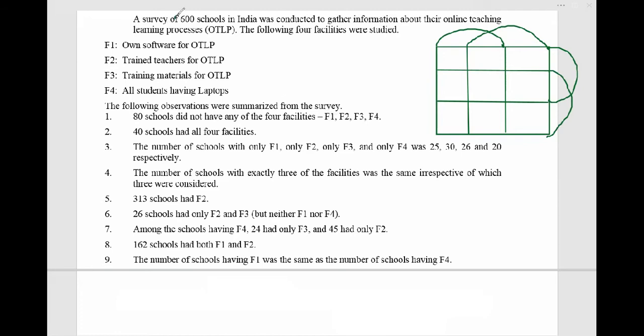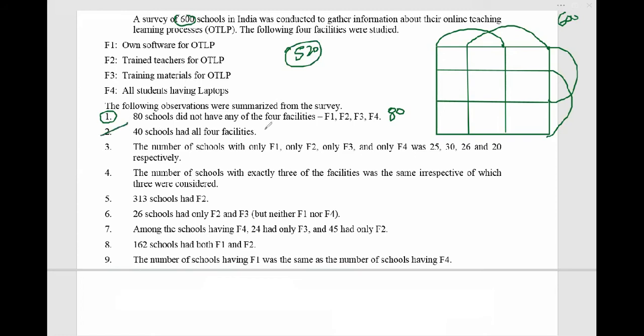First important data is the total 600. A survey was conducted among them. 80 schools did not have any of the 4 facilities. So 80 is outside the Venn. How much inside the Venn? 520. Inside the Venn we have 520.